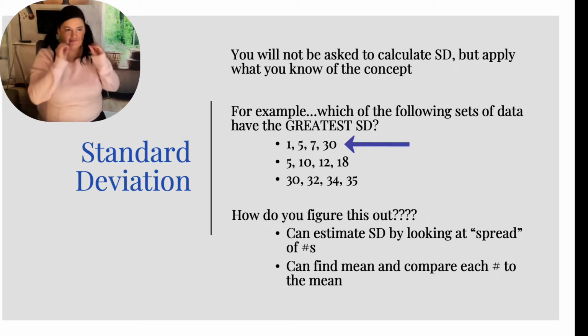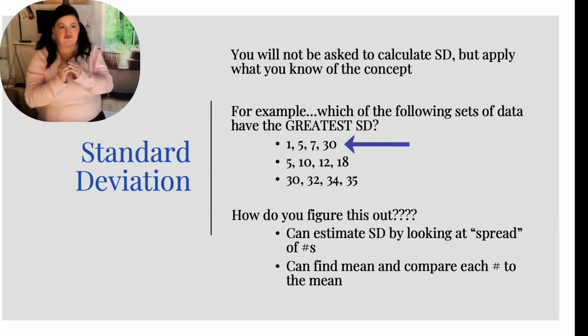Hopefully you're looking in between each of the number sets. This one up here is 1 to 30. There's a difference of 4, then 3, and then a difference of a lot, like 23. To get from 7 to 30, you have to go up 23 steps.